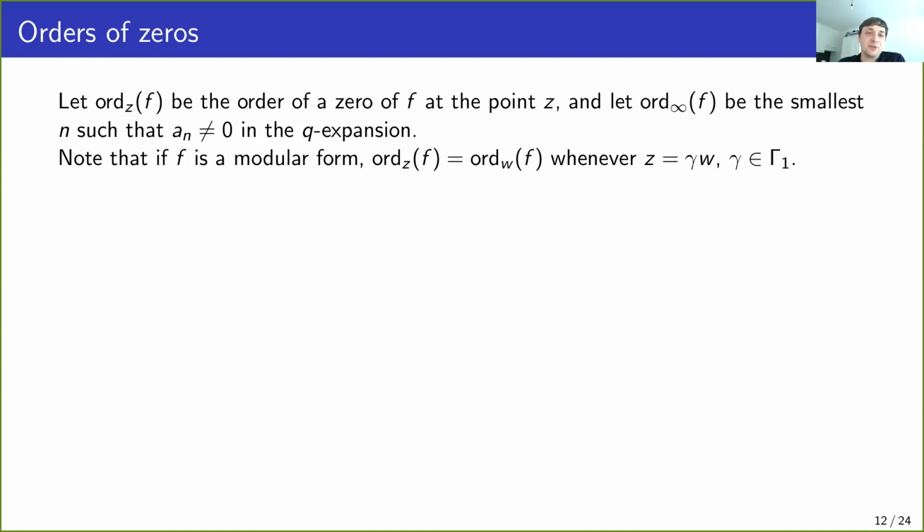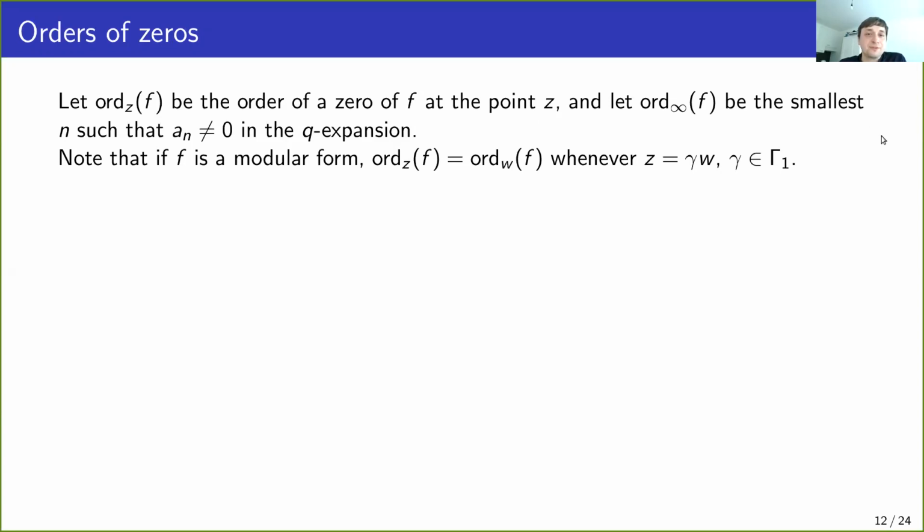So it means that if you change your point z by an element equivalent to it, the order remains the same. So it's actually well defined on the full orbit, including the points i and rho. And for infinity, we can also define the order of vanishing, which is just the smallest index of a non-zero coefficient in the q-expansion. So it's kind of the order of vanishing in the q variable at 0.